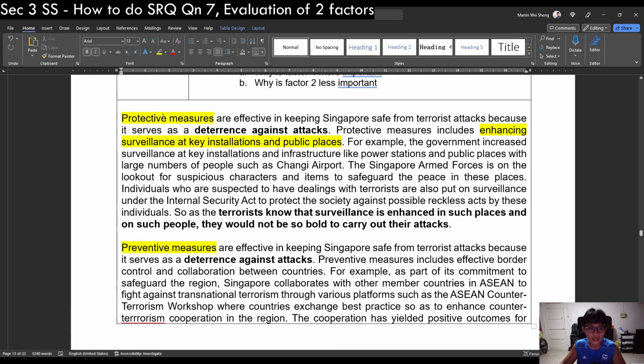Okay, so let us just quickly come back to this first paragraph, and then I'll change some words for greater clarity.